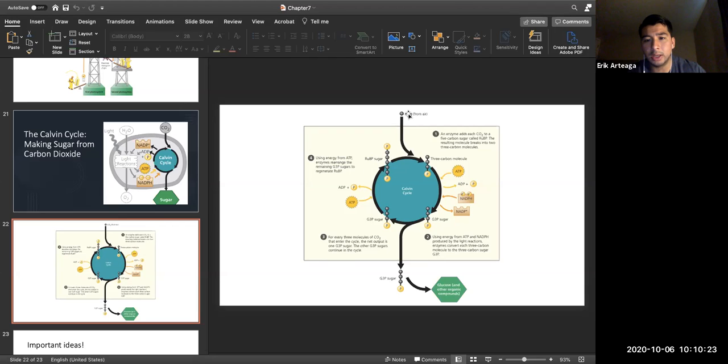Rubisco is able to grab CO2 from the air and fix it to make a sugar molecule, glucose, okay? But yeah, don't worry about all these separate steps. Just know that the Calvin cycle is where you dump the NADPH and the ATPs are used in order to make your sugar, okay?